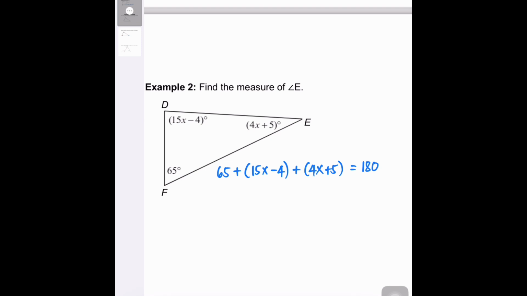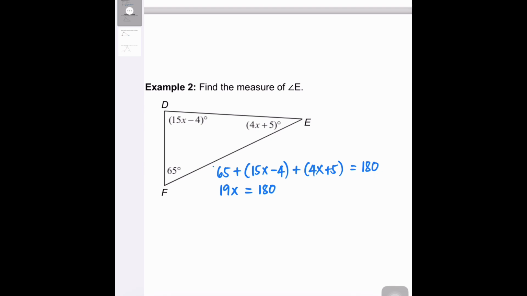So let's start by combining the x terms. We have 15x and 4x. If we put them together, it's going to give us 19x. And you have the constant terms, which we can just put all to the right-hand side of the equation, along with the 180.